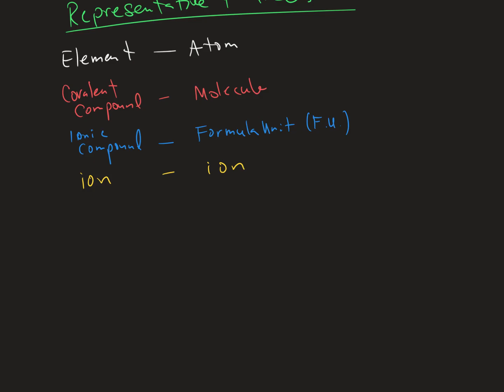An atom represents an element. Formula unit represents an ionic compound. Molecule represents a covalent compound, and so on. Make sense? It's kind of like saying a dozen donuts versus a dozen eggs. The eggs and the donuts are the different representative particles. Okay. We good? All right.